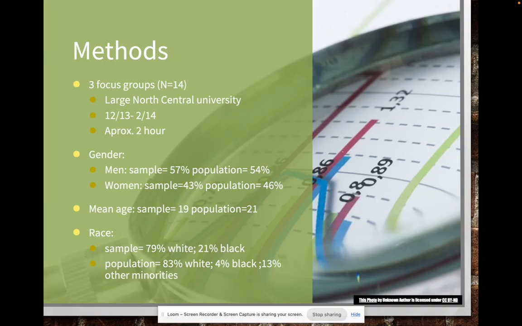But also younger people maybe are a little bit more interested in this topic. And then as far as race, my sample was 79% white, 21% Black. The overall population was 83% white, 4% Black, and 13% other minorities. So again, this just shows you how you would want to present your research methods, and your participants and population, to an audience when you're sharing your findings.